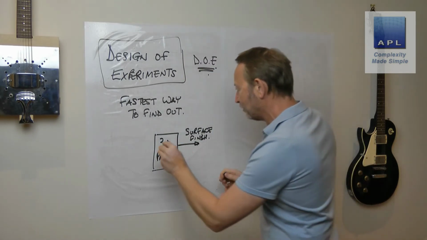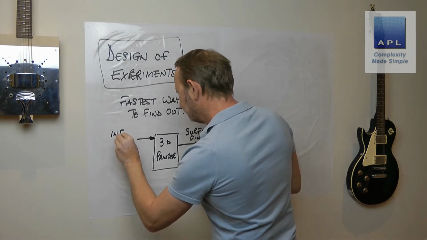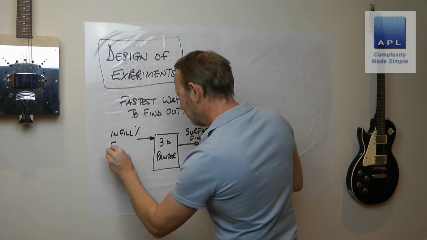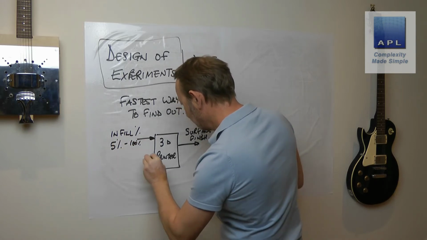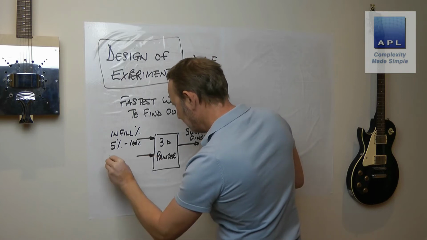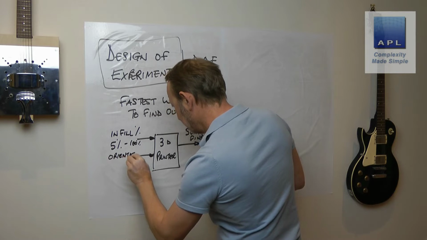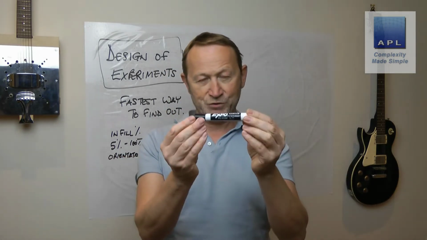Now the 3 variables that he gave me, one was called the infill percentage, and he was going to take that percent from 5% up to 100%. He gave me orientation. Now what the orientation was about was he was going to produce the part.